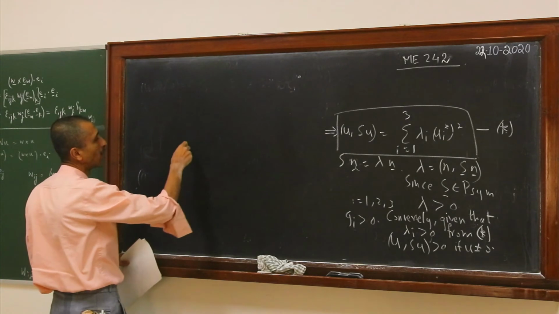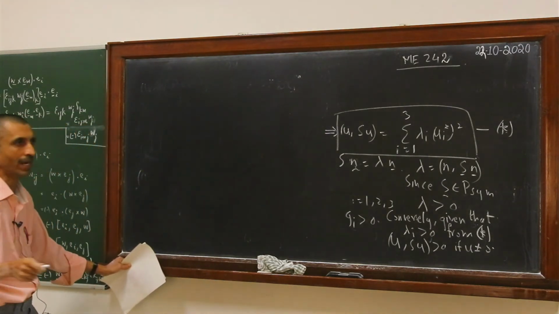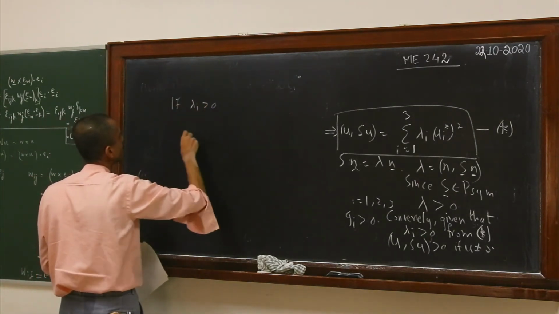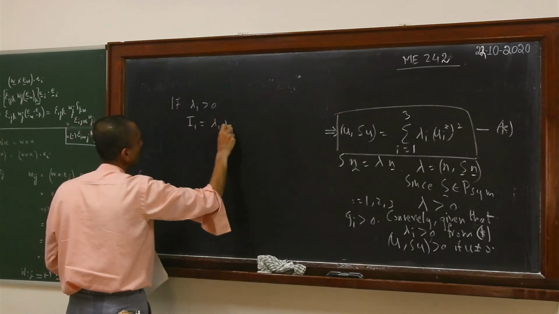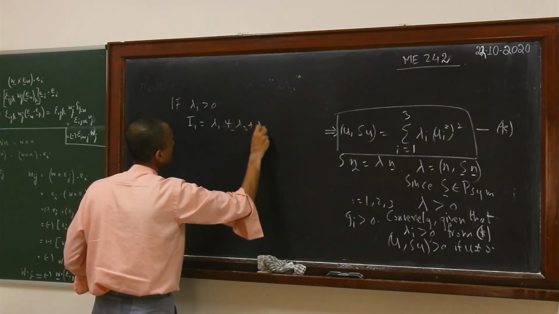And then I will not show the second implies third implication. Suppose lambda i is greater than 0. Then you can see that I1, which is equal to lambda 1 plus lambda 2 plus lambda 3, will be greater than 0.